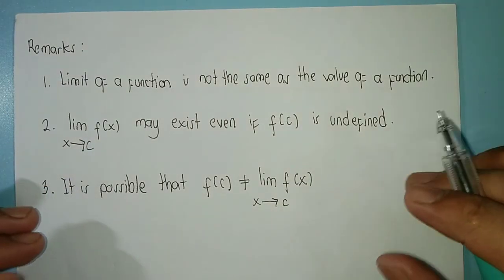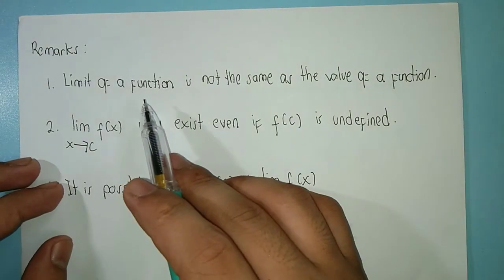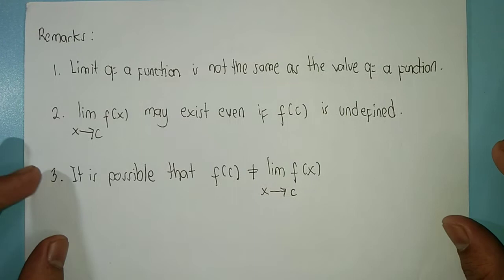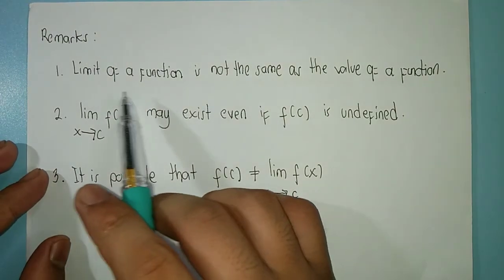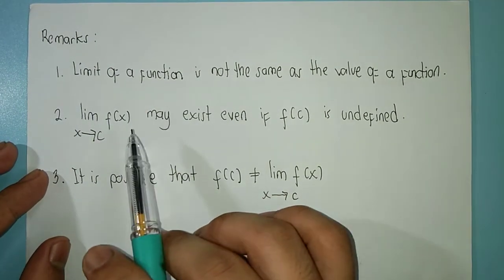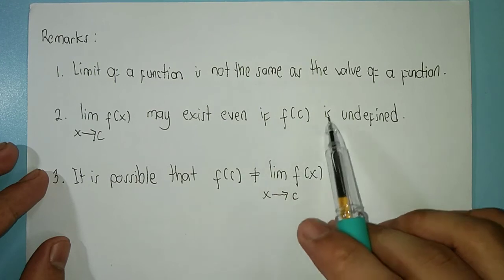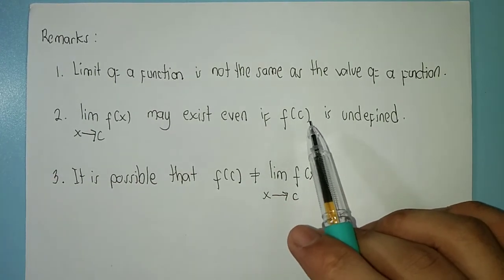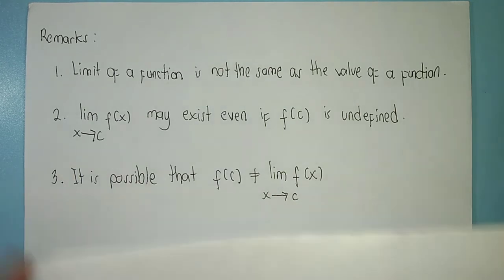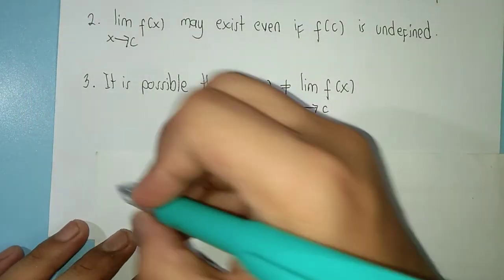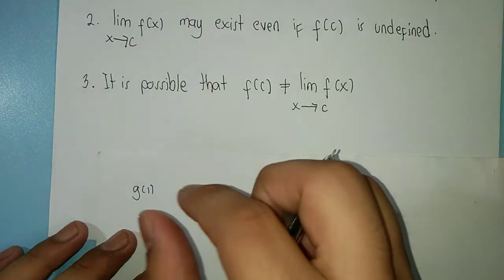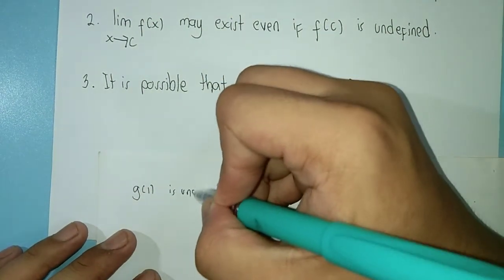Okay, so for our remarks, take note that limit of a function is not the same as the value of a function. Then, pwede mag-exist yung limit kahit yung value ng function is undefined. For example, sa g of 1, sa kaninang binigay kong function, yung g of 1 is undefined. Tama?